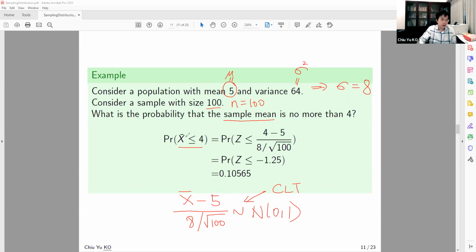So you need to subtract both sides by 5, divide both sides by 8 over root 100, right? So that's why you have this. And this is z, okay? And this is negative 1 over 8 over 10, so it's negative 1.25. Do note that there's a typo in your version, there's an extra 0 there, okay?